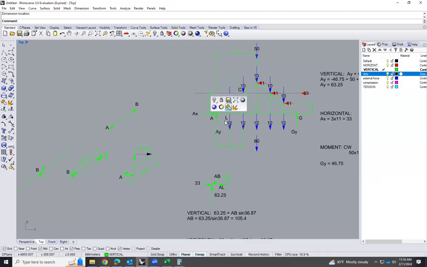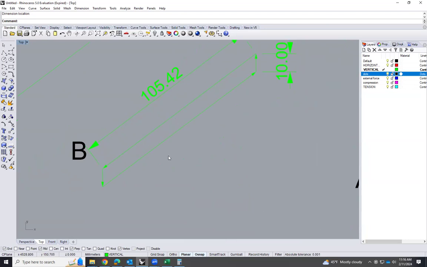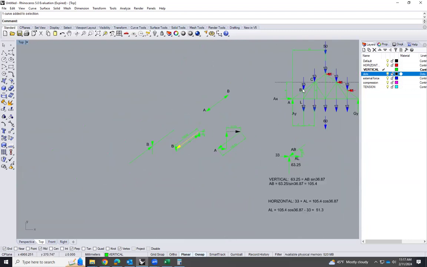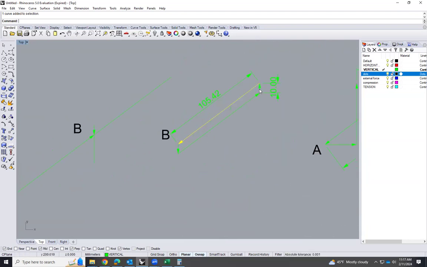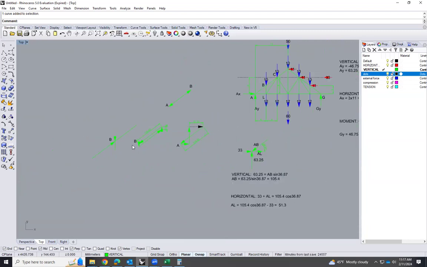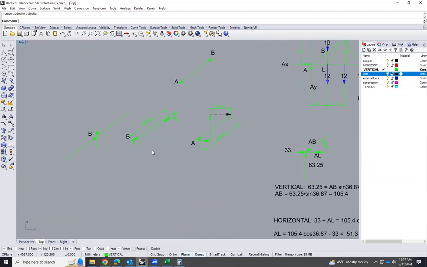At this point, this is CD, this one is BC, sorry, and this one is BL. So the one going up, sorry, is BL. Okay, so that's what happens at point B.